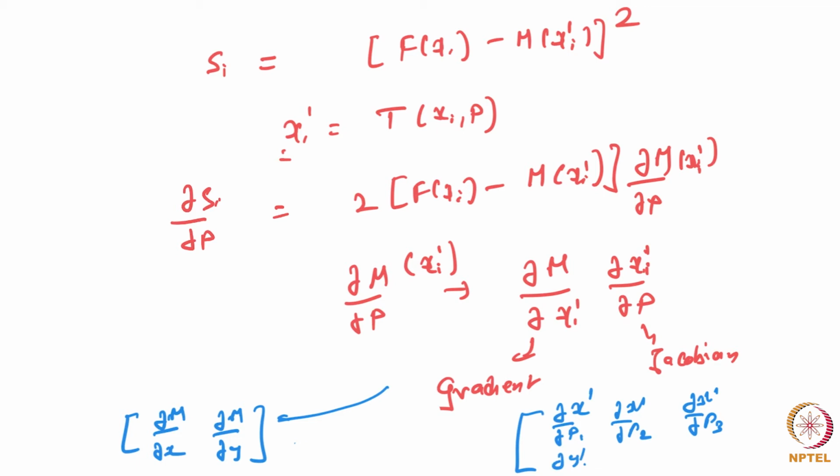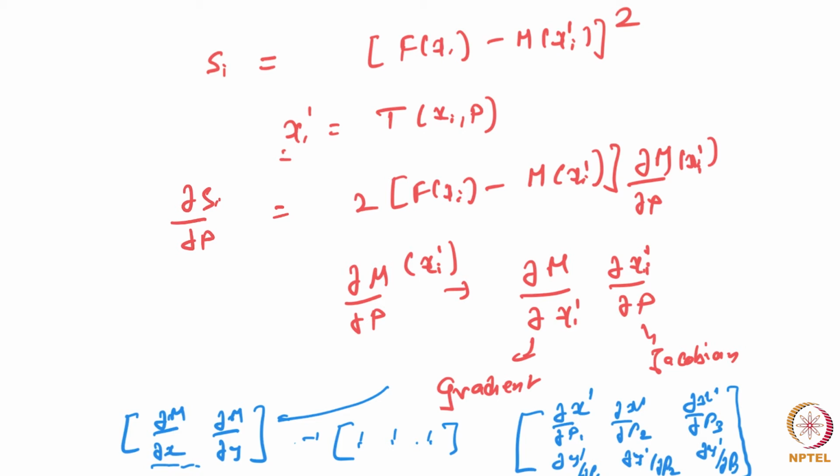Similarly, delta y prime by delta p1, delta y prime by delta p2, delta y prime by delta p3. Then you take a dot product with each column, so you end up with a 3-vector, three components, each corresponding to the gradient of S with respect to the parameters: delta S over delta p1, delta S over delta p2, delta S over delta p3. Then you would do a gradient descent step, right?